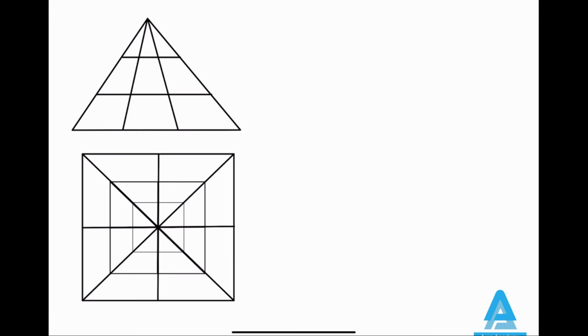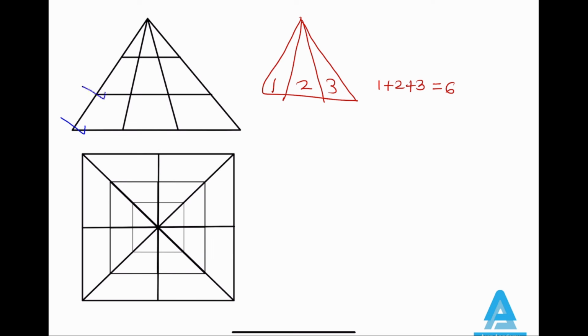So we have seen that in a triangle like this, we were counting 1, 2, 3 and adding them up: 1 plus 2 plus 3, that is 6. But in this scenario, there are multiple bases, 1, 2, 3, right? There are 3 bases.